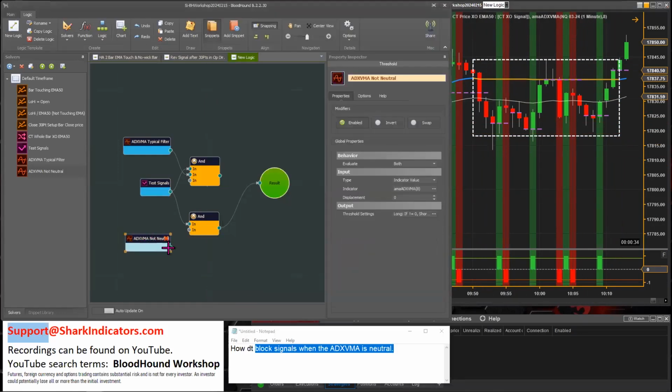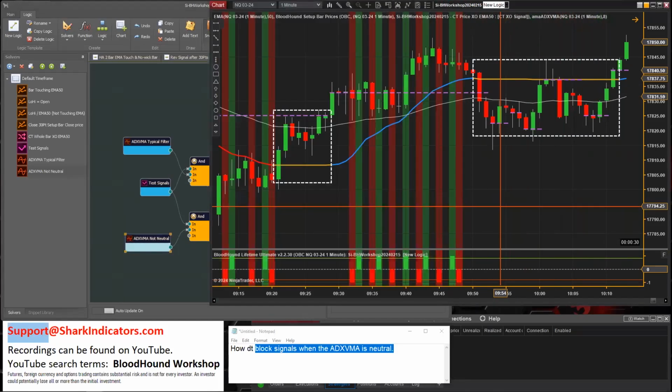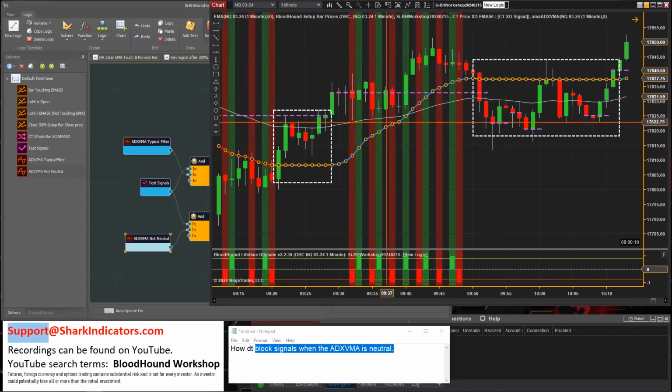And so now if I connect in our filters, there we go. So we can see all the signals disappear. Right, and so whenever the ADXVMA is trending or not neutral, signals can get through.